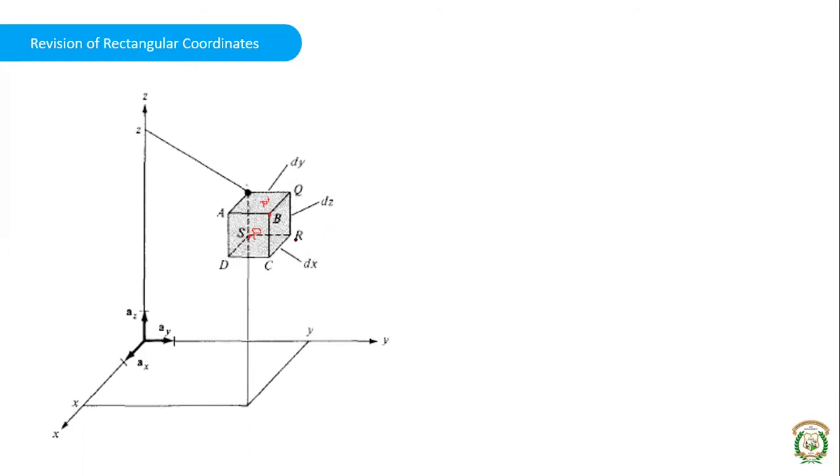Then the volume is given by length times breadth times height, the product of the three different sides, that is dx multiplied by dy multiplied by dz. So this is the volume element. The lengths are given by dx, dy, and dz in the x, y, and z directions.